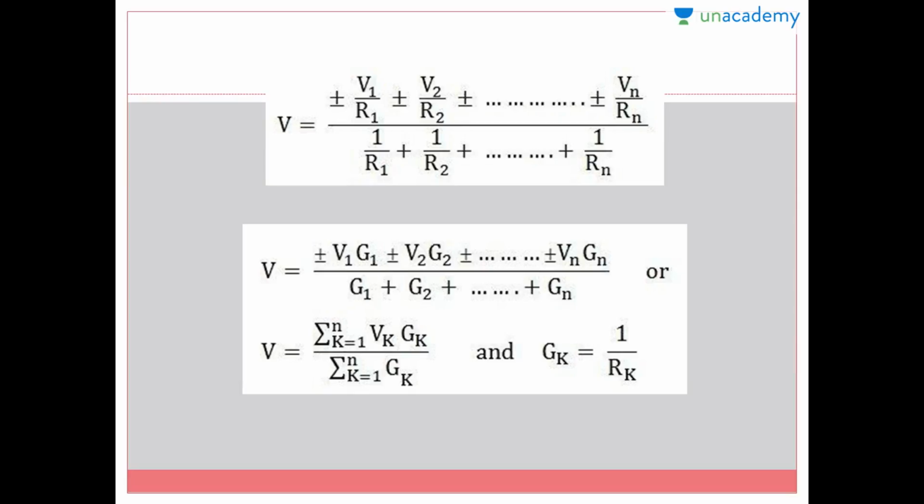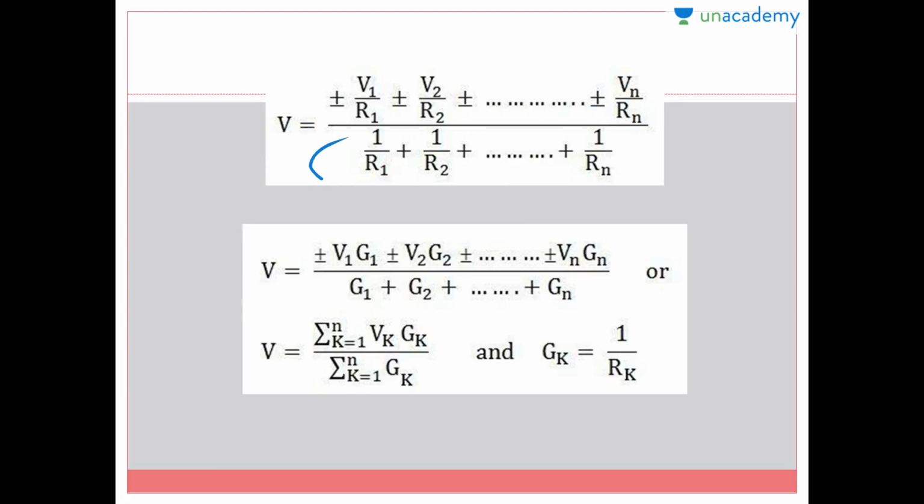Here the positive and negative signs appear to include the cases where the sources may not be supplying current in the same direction. As we know that I equals V upon R, so in case of I, I'm writing V upon R, then adding plus V upon R in the second branch until the last branch.